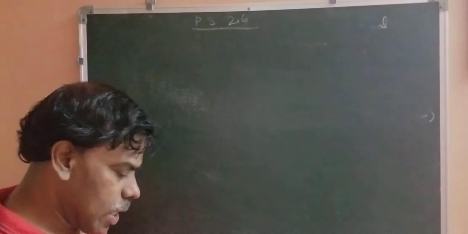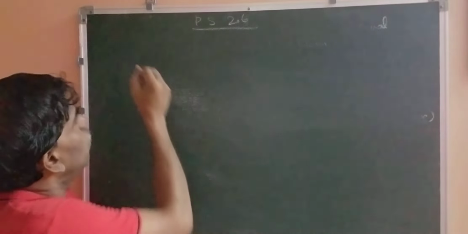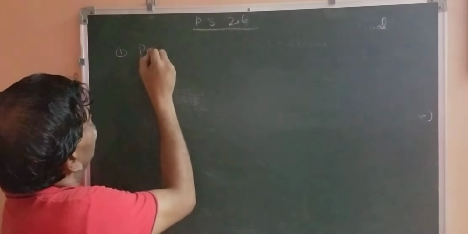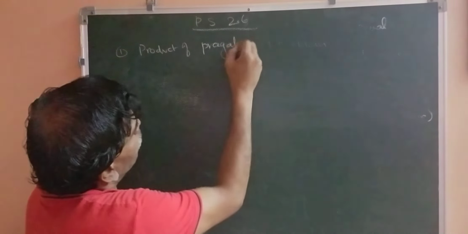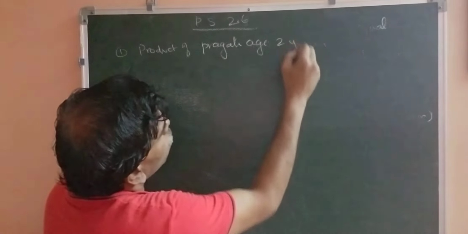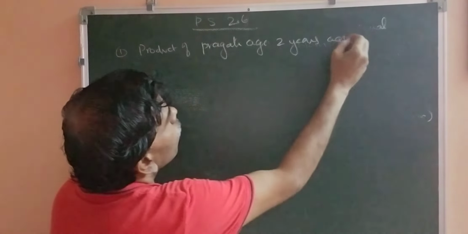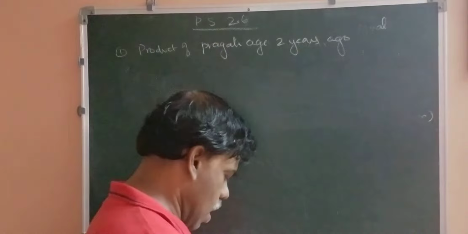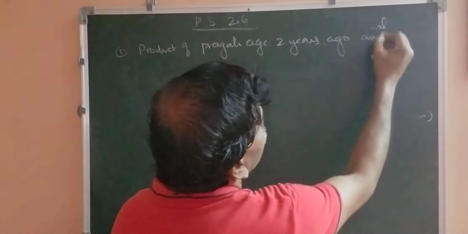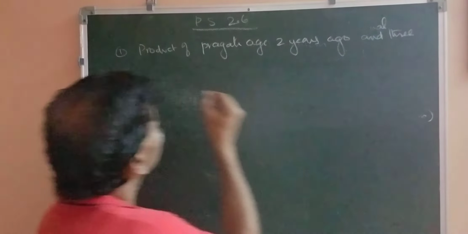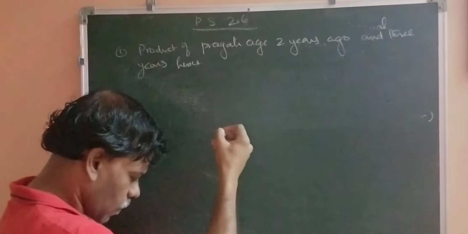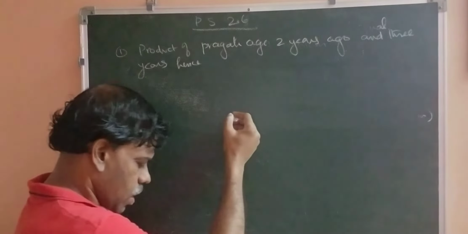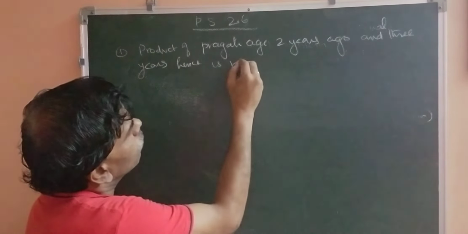Now, first one, the product of Pragati age 2 years ago. I will write down the sum. Product of Pragati age 2 years ago and 3 years hence is numerically 84.